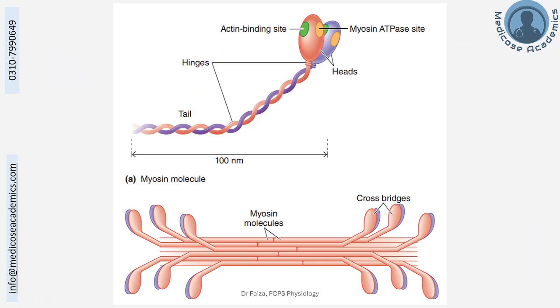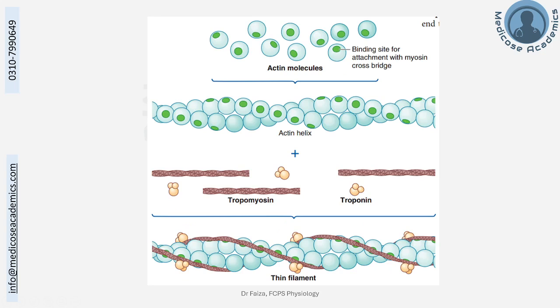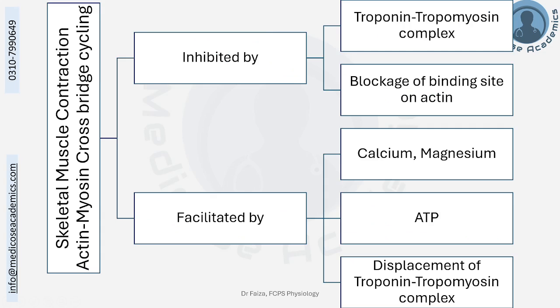So have a quick recall of the molecular arrangement of the thick filament and thin filament. If you recall, we know that the interaction of actin and myosin is inhibited because of the troponin-tropomyosin complex, as it is blocking the binding site of the actin molecules.